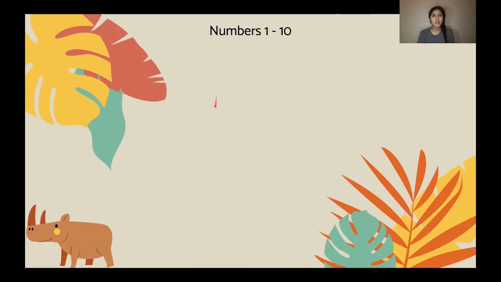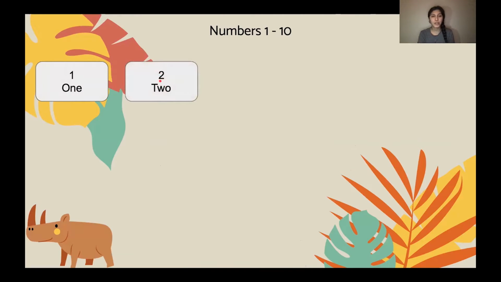Righty, let's start with number 1 through 10. So we know that to go from 1 through 10, we have to start with the number 1. So 1, and then the spelling for 1 is O-N-E. 1, O-N-E. And then we have 2, and the spelling for 2 is T-W-O.